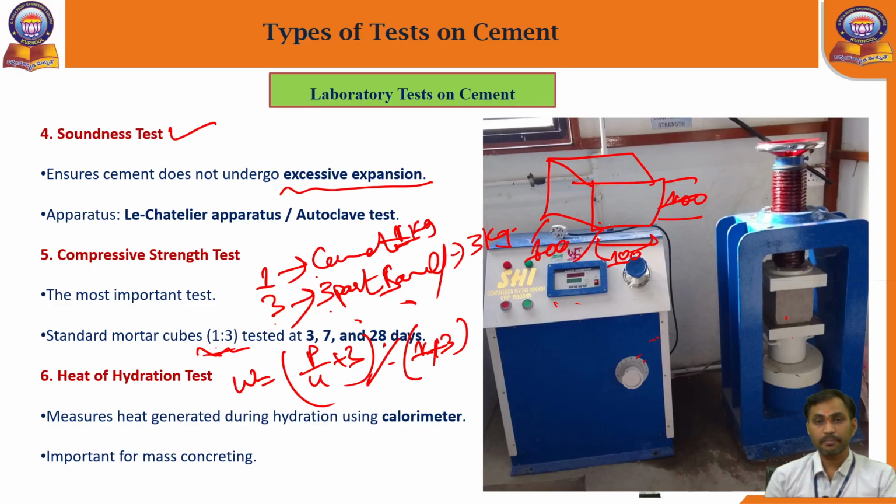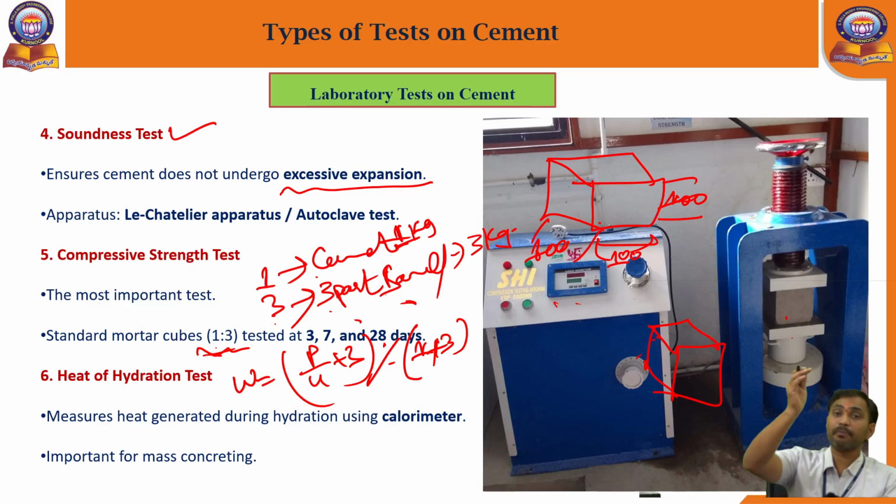Or else 150 mm by 150 mm by 150 mm. The best size is 100 mm cube; 150 mm falls under concrete.